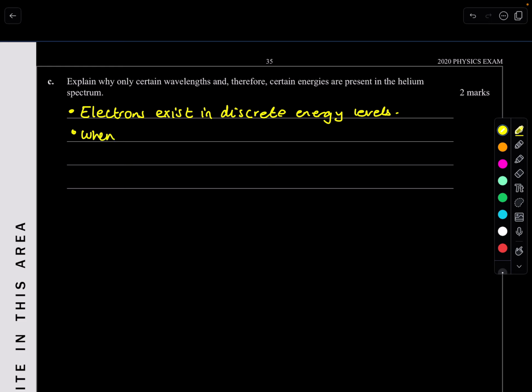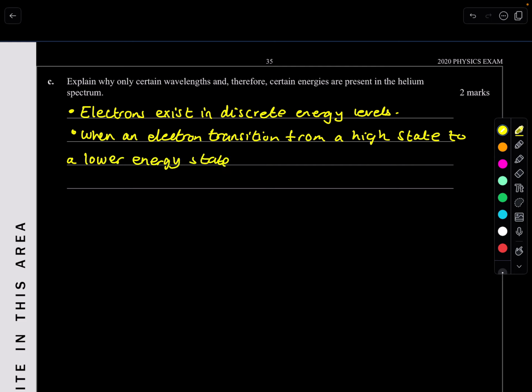When an electron transitions from a high state to a low energy state, it can only emit discrete amounts of energy.